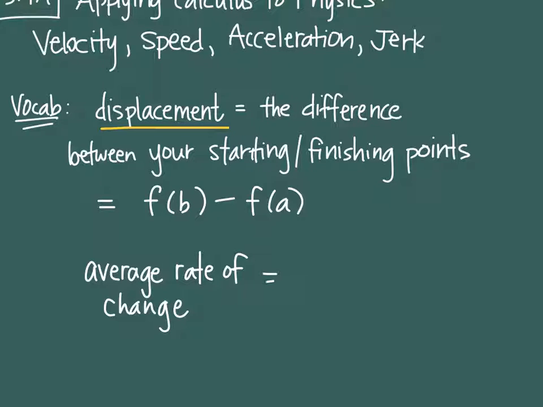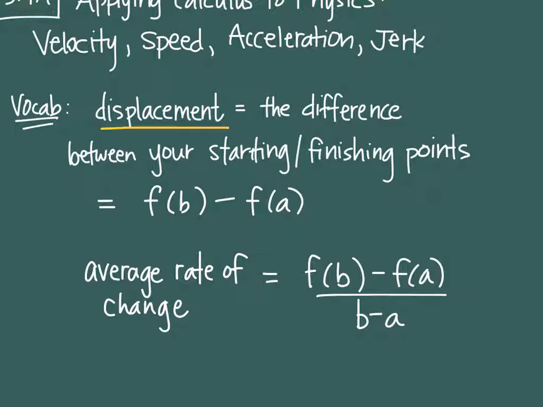So the average rate of change by definition always takes the displacement and divides it by the time that you've been running. The average rate of change is the ratio between the displacement and the amount of time that's passed. So the displacement is F of B minus F of A, and then you divide that by how much time.